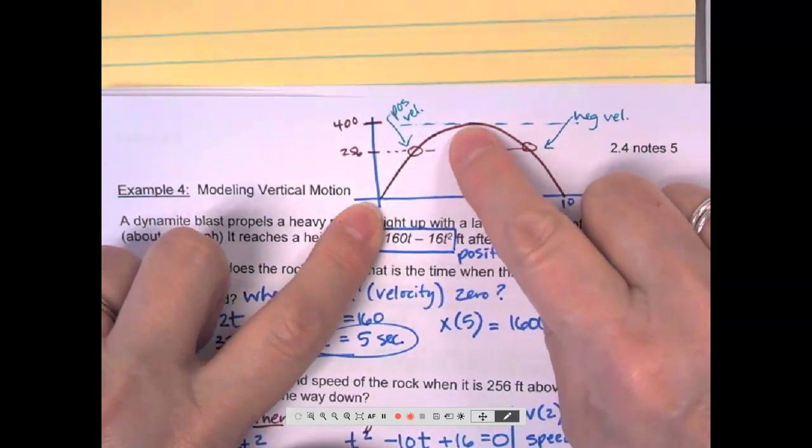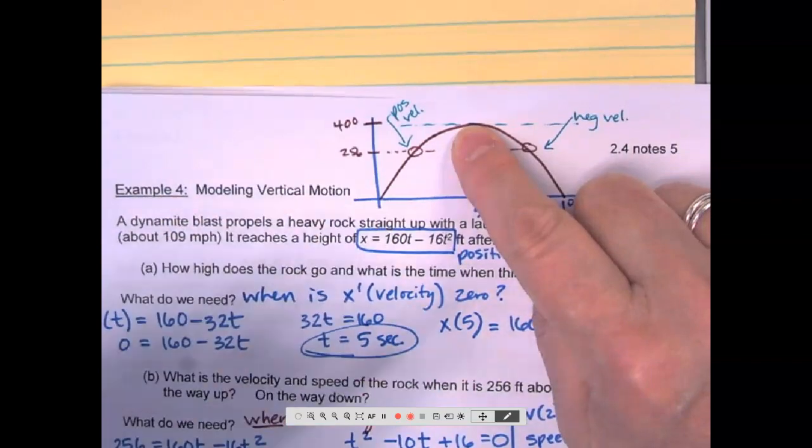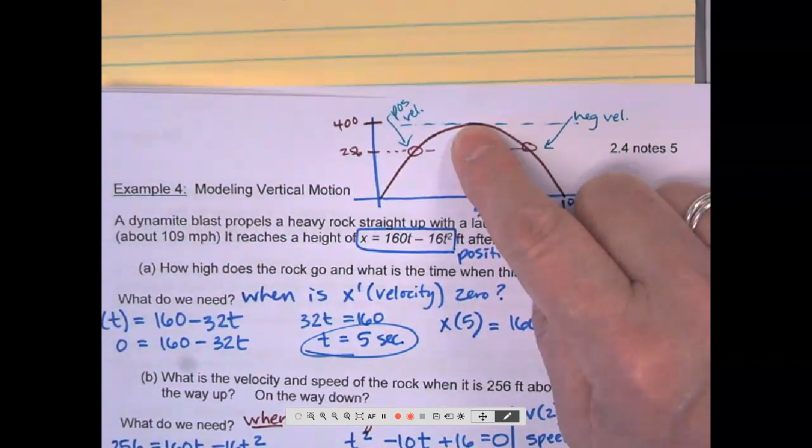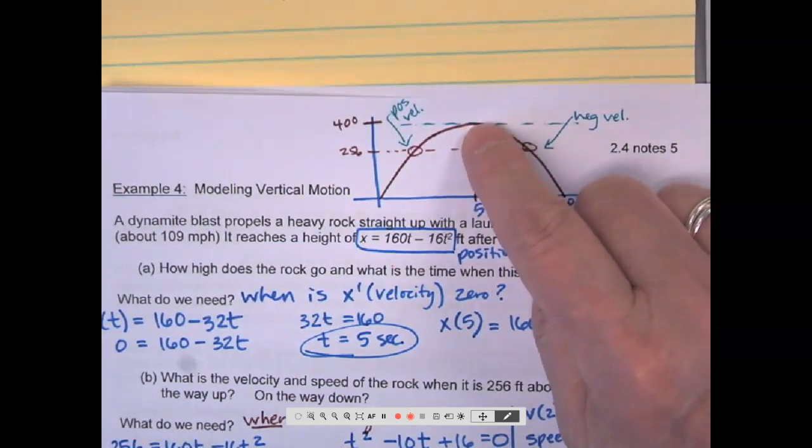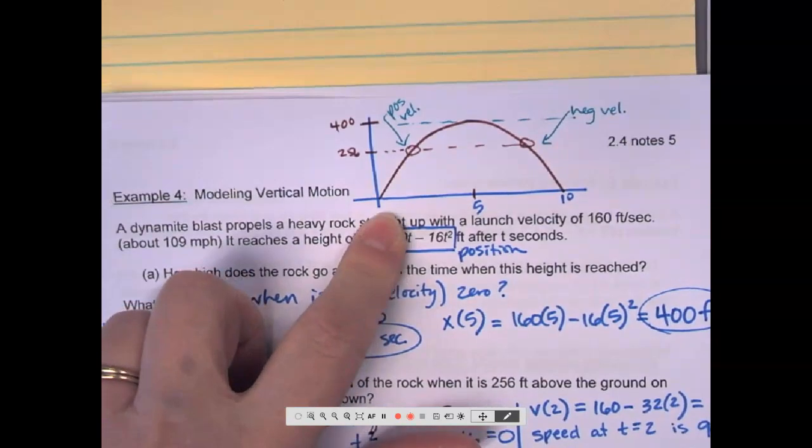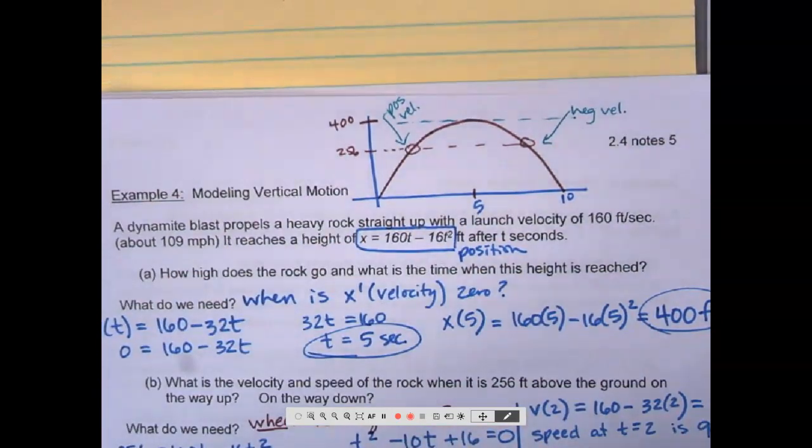If velocity is positive, but gravity is working against it, am I speeding up or slowing down? Think about what I do at the top there. I stop. What do you have to do before you stop? Slow down. So velocity is positive, but acceleration is negative. They are working against each other. I am slowing down.